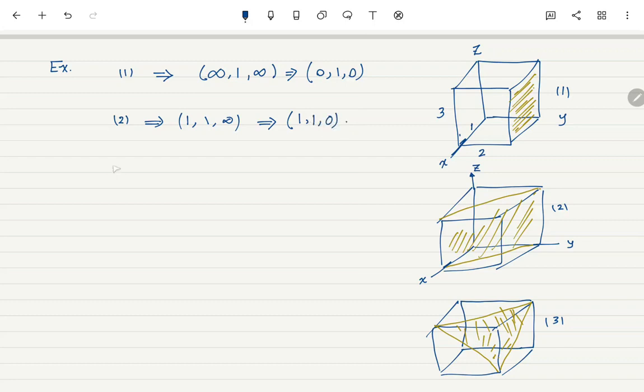Now let's consider the third case here. This plane intercepts the x-axis at 1, the y-axis at 1, but the z-axis at -1. Take the reciprocal, it will be 1, 1, and again we just place the minus sign at the top of the number, so it's 1, 1, -1.